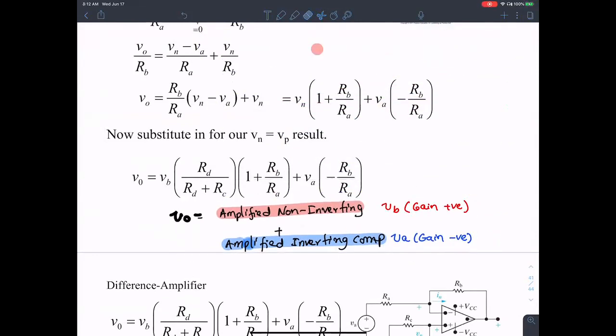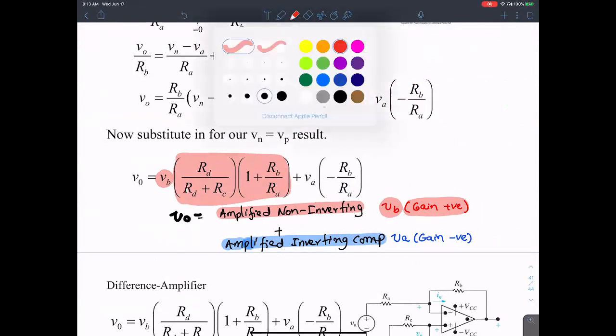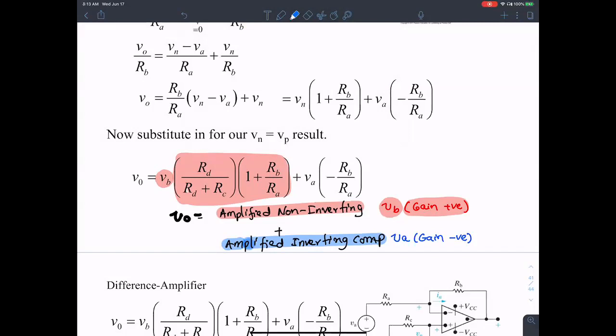What I should see is that VB should be multiplied by some positive gain. Sure enough, there is VB that is being multiplied by some positive gain. So that is the non-inverting configuration. Similarly, I should also expect to see some VA multiplied by a negative gain.